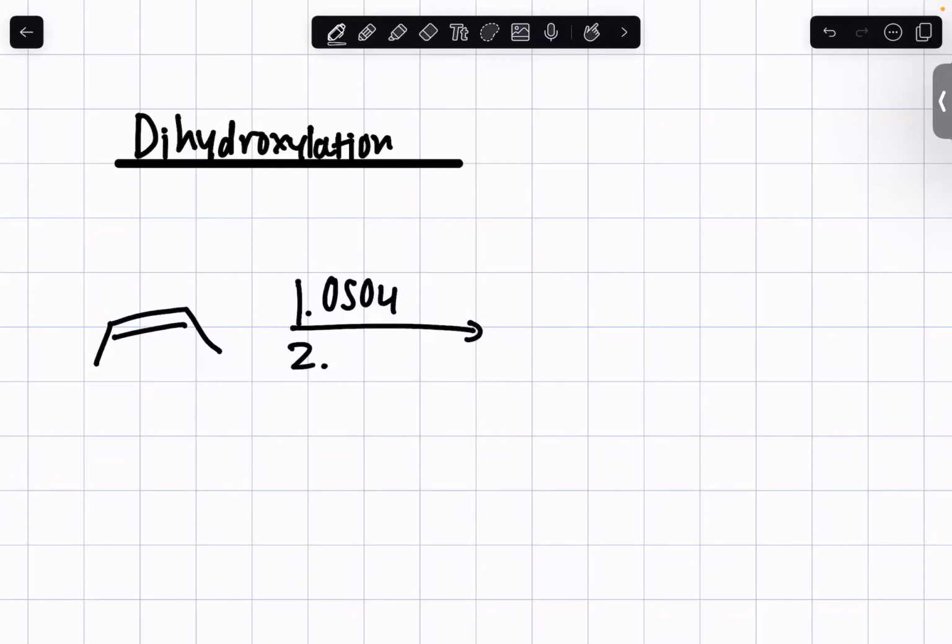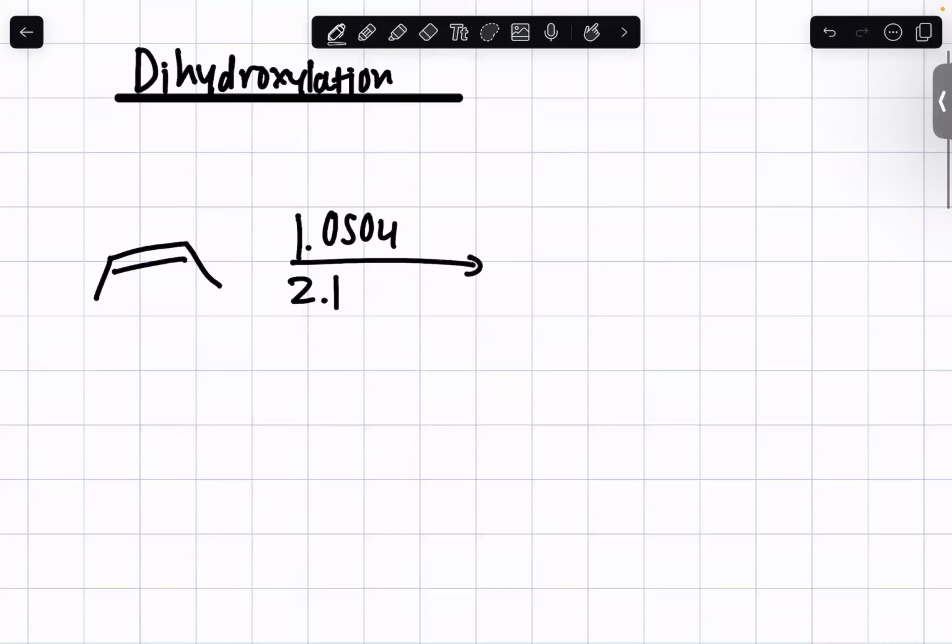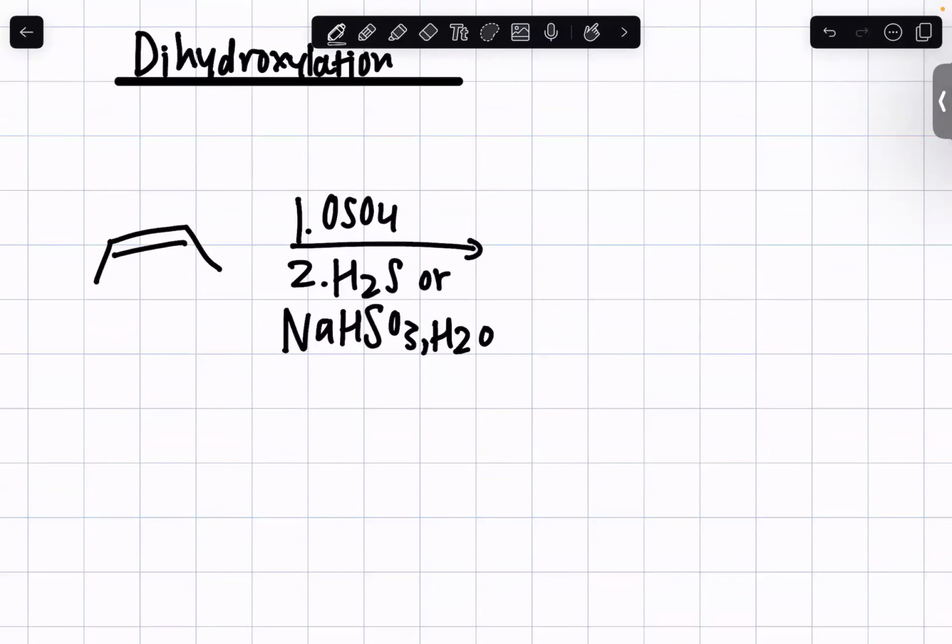The second step is a reducing agent. It could be either H2S or NaHSO3 with water. What this will do is attach two alcohols onto the carbons on the same side.